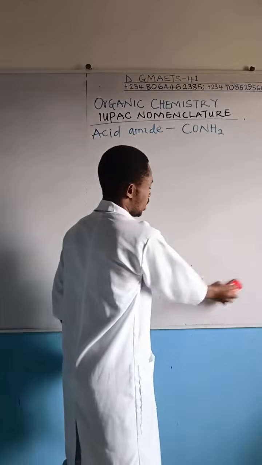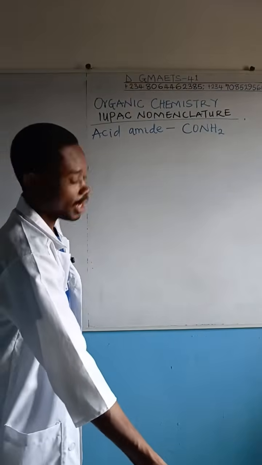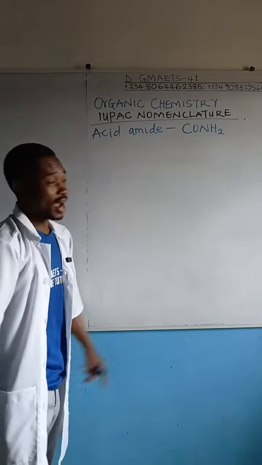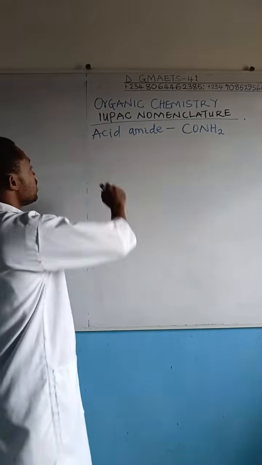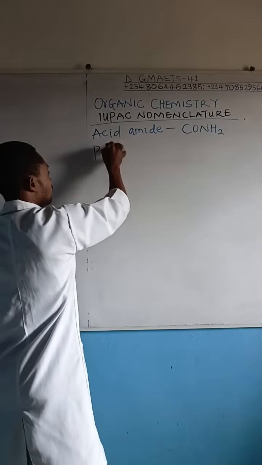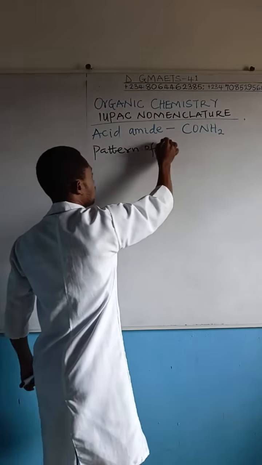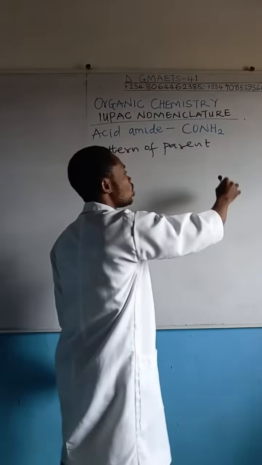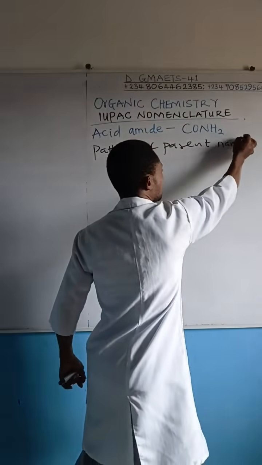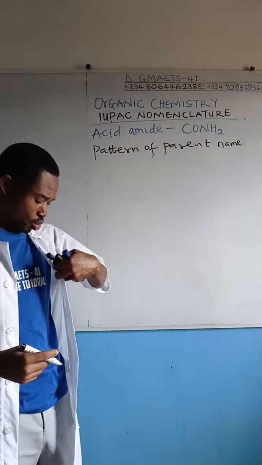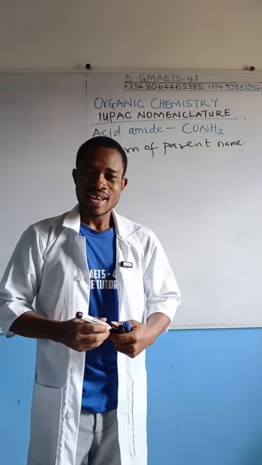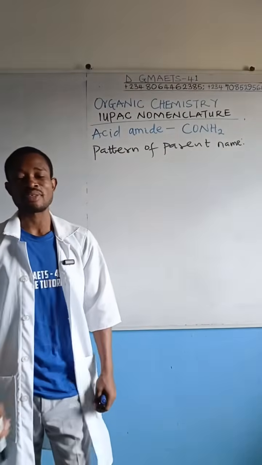All right, so let's move on, guys. No time. Acid amide, we've got this. And the parent name, pattern of parent name. There is no way you will learn this stuff in this format and then still have problems with IUPAC nomenclature.